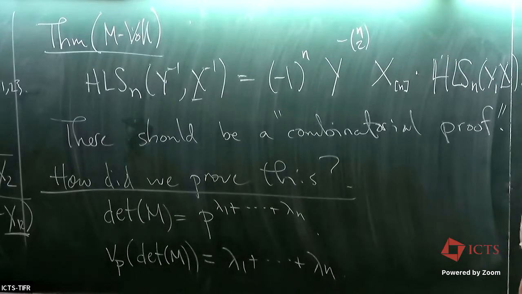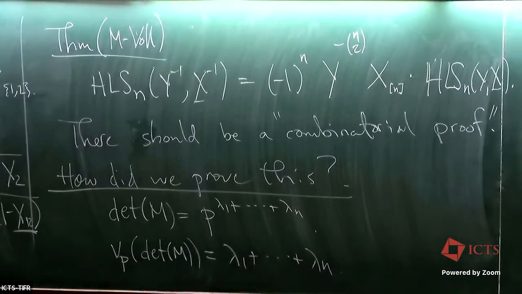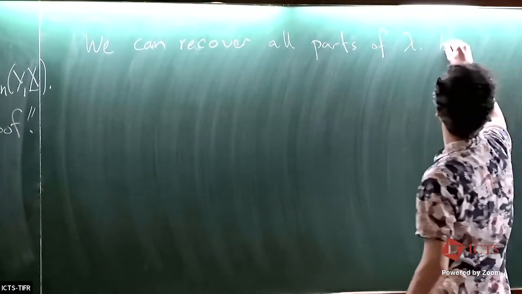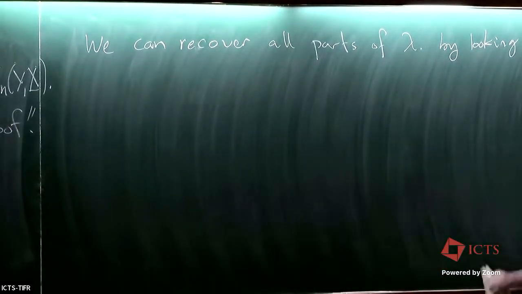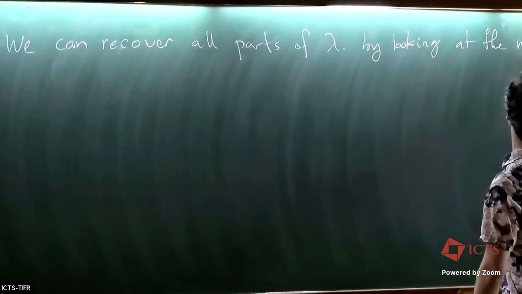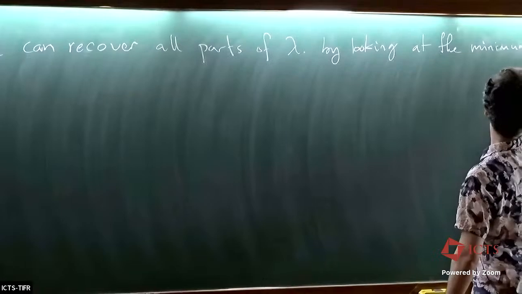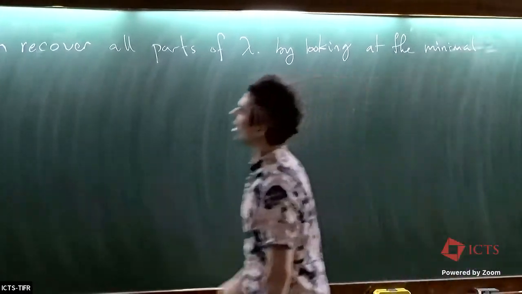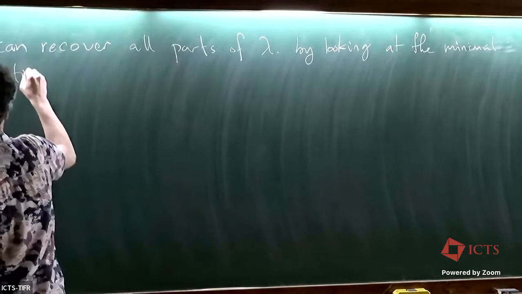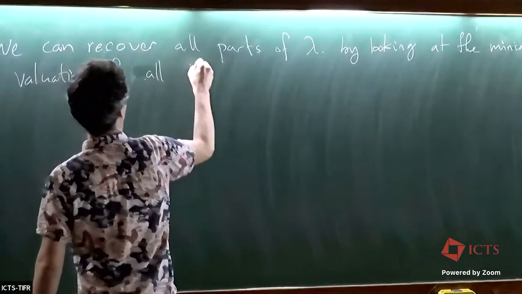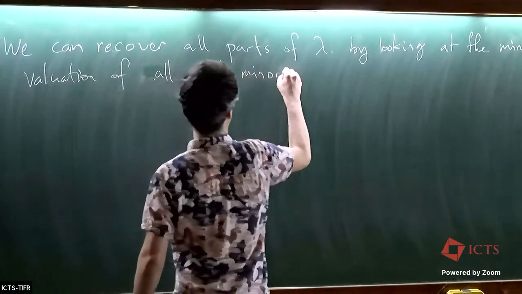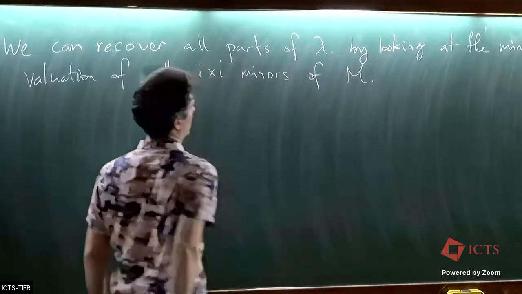We can recover all parts of lambda, parts being the non-zero terms of this sequence, by computing, if one really forces me to, the minimal valuation of various minors, of all i by i minors of M.